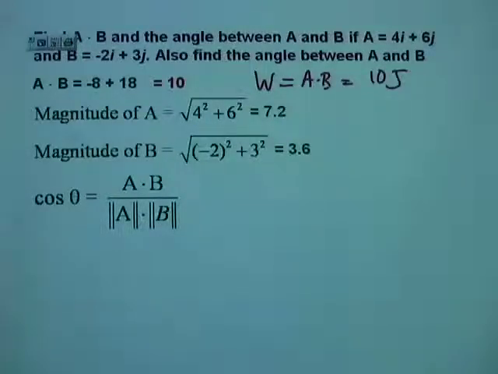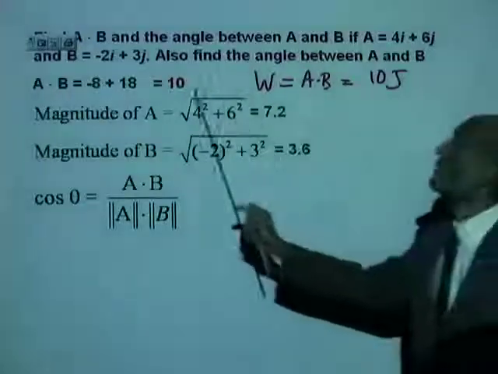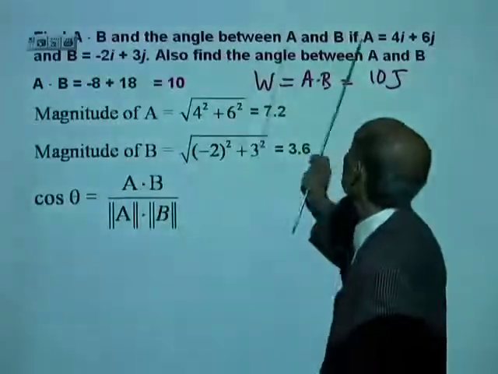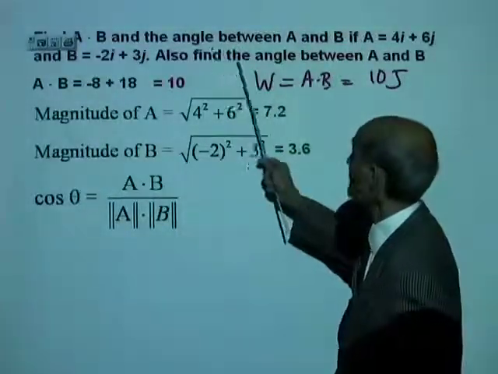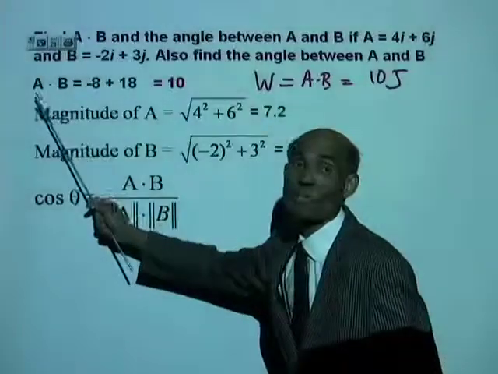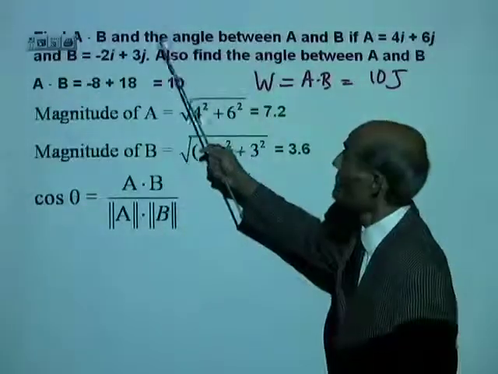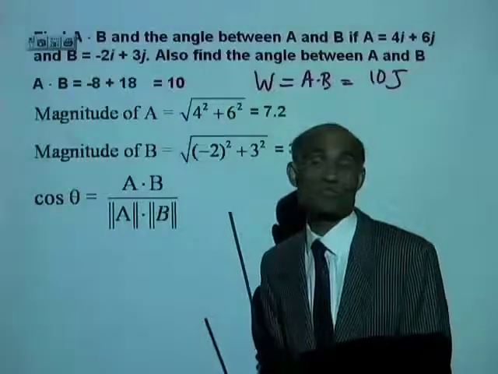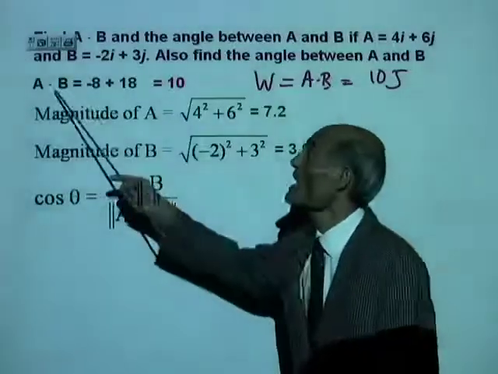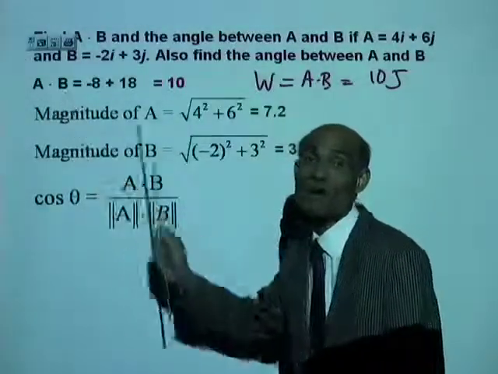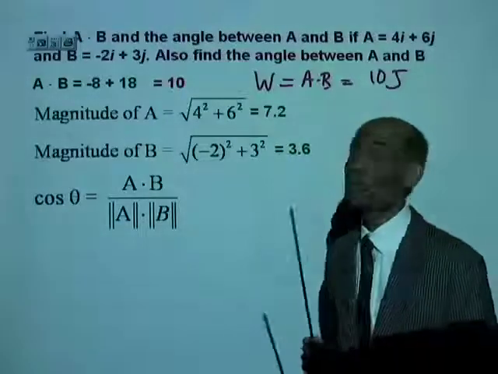Then only that answer will become complete. Work done by the force therefore is A dot B. But apparently we are not asked to find the work done. We are asked to find only A dot B.